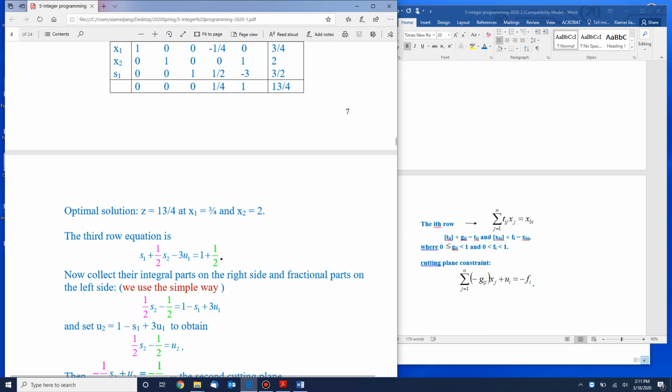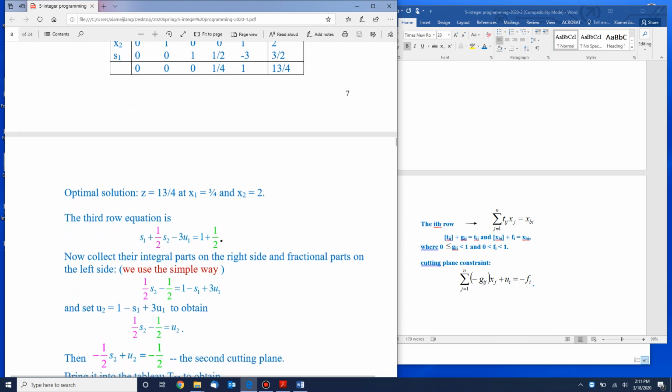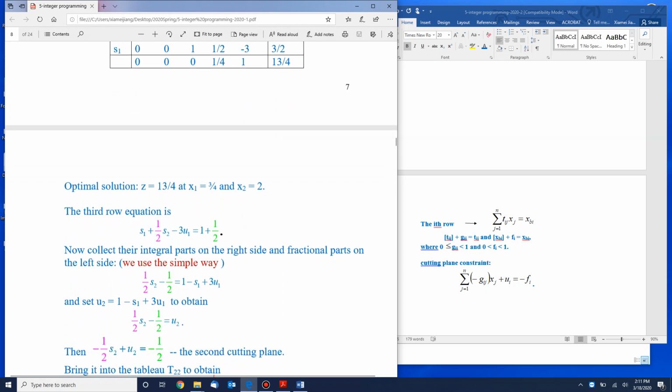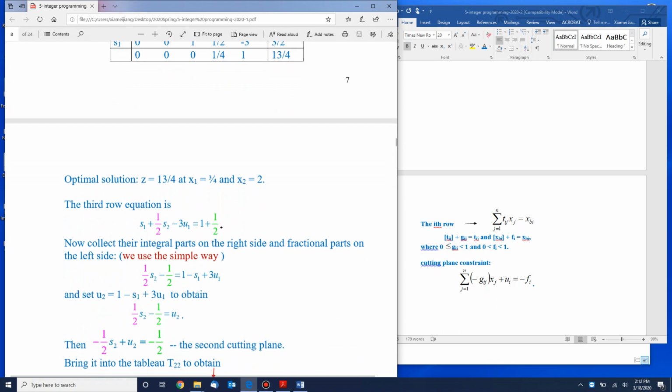And then what we get is half s2 minus half equals 1 minus s1 plus 3u1. And then we set u2 equal to the right side of the equation, 1 minus s1 plus 3u1. Then the left side, half s2 minus half, equals u2. Notice that this one is a new slack variable, different from u1. So when we have this, we get a second cutting plane.